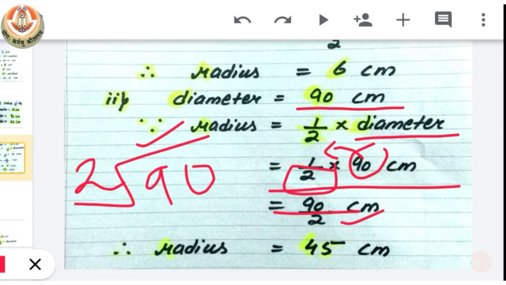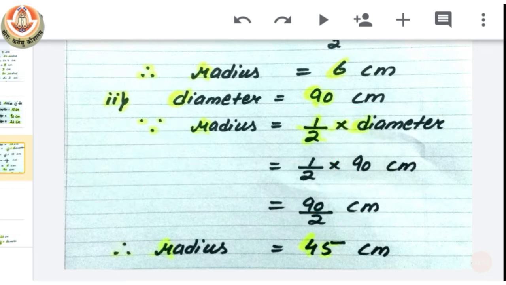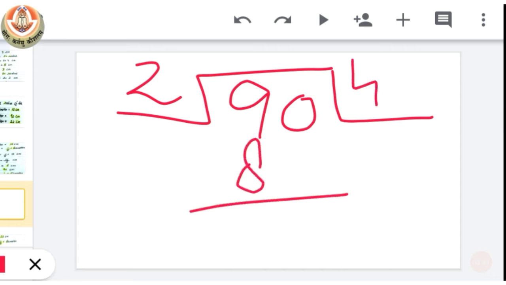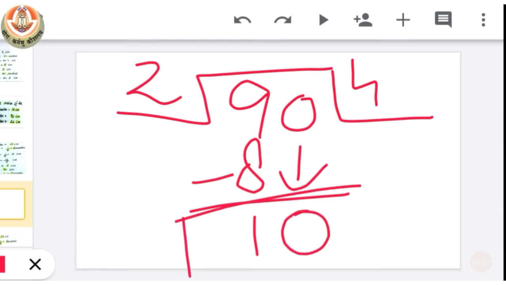Then we divide 90 by 2. Let's see how we can divide 90 by 2. I hope you all remember how we do division. For 2 multiplying with 4, we have 8, and when we subtract 8 from 9, we get 1 as remainder. Now this 0 will come down and it will become 10.